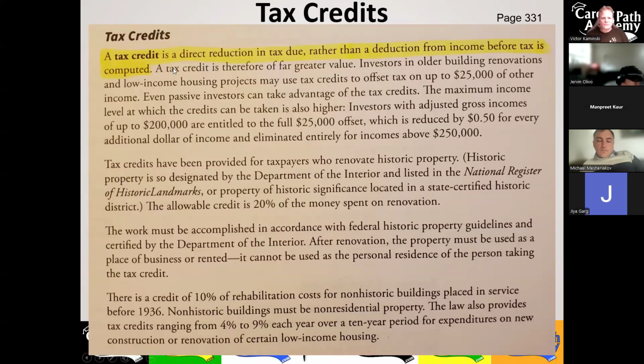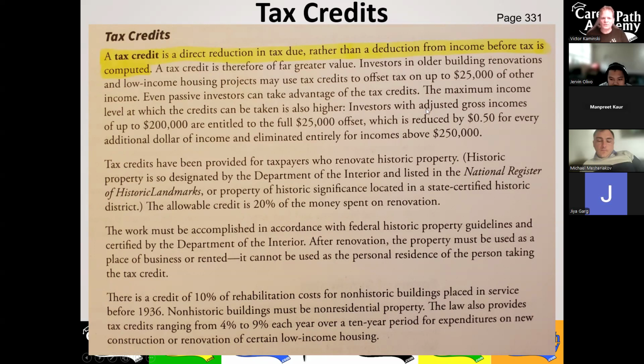So here, let's read it a little bit. Tax credit is therefore far greater value. Investors in older buildings, renovations, and low-income housing projects could use tax credits to offset taxes up to $25,000 of other income. Even passive investors can take advantage of tax credits. The maximum income level in which the credits can be taken is also higher.